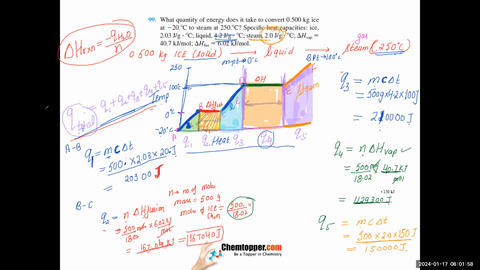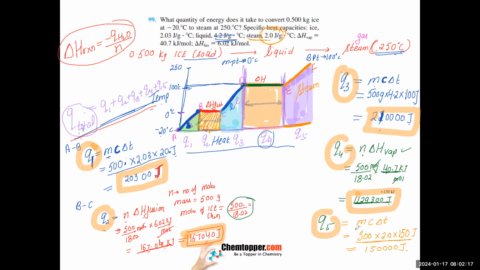So you have Q1. You see, you calculated everything. This is Q1, value is here. This is Q2, this is Q3, this is Q4, value is here. As I said, this is a question in which we are going from this point to this point.